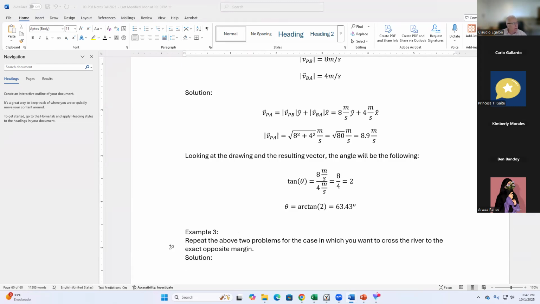To help you out again, I'm not going to do that. The numbers are different, but you can consult the previous notes of fall 2024 because I solved this other problem then.